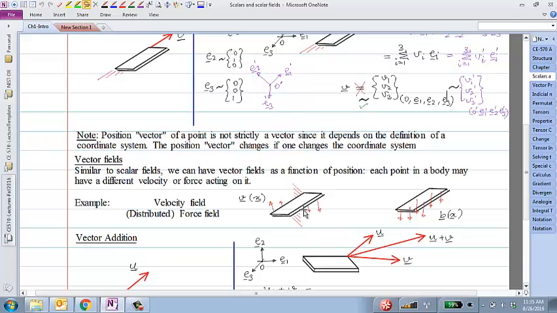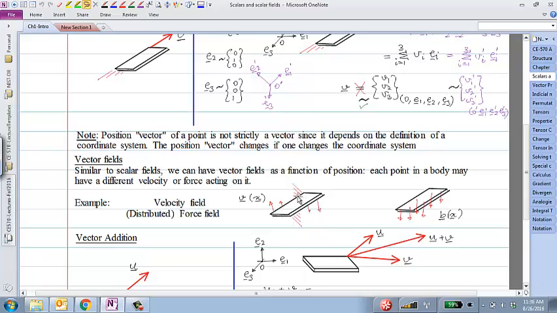If this deformable body is flexing and rotating and translating, then each and every point of this body has a different velocity, which means that if you were to plot the velocities of each and every point in that body, different points will have different velocities.